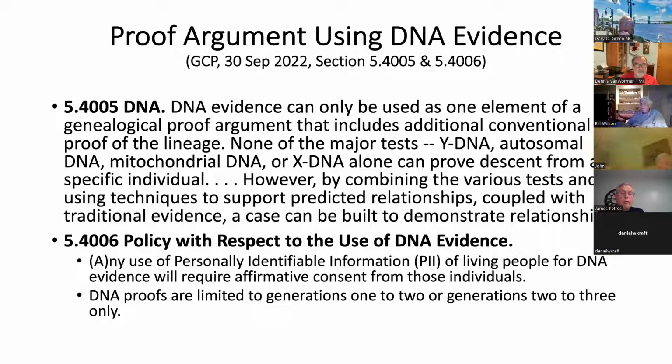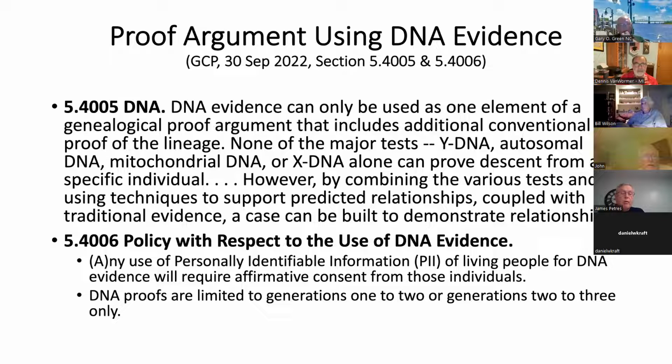Now, specifically to DNA evidence for proof argument, these are key points. Sections 5.4, 5 and 6 talk to DNA evidence specifically. The first sentence is one big key. DNA evidence can only be used as one element of a genealogical proof argument that includes additional conventional proof of the lineage.